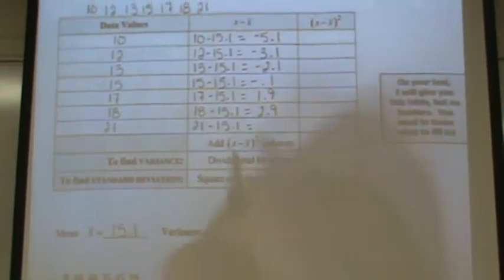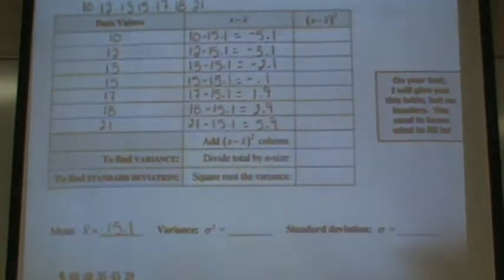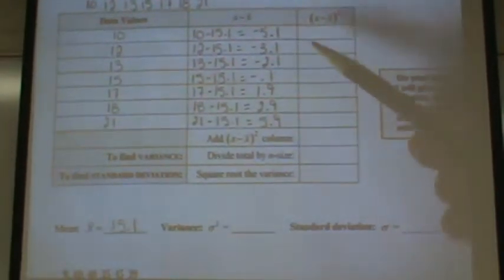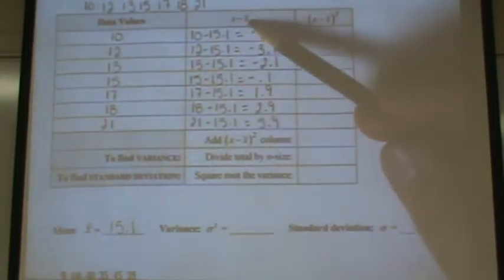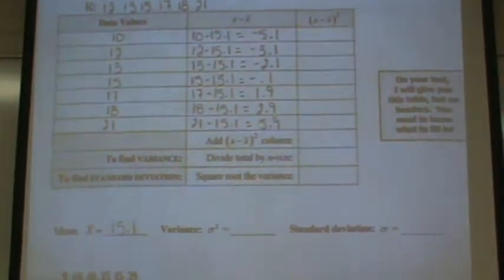And 21 minus 15.1 gives us a positive 5.9. So these values are our x minus x bar values.